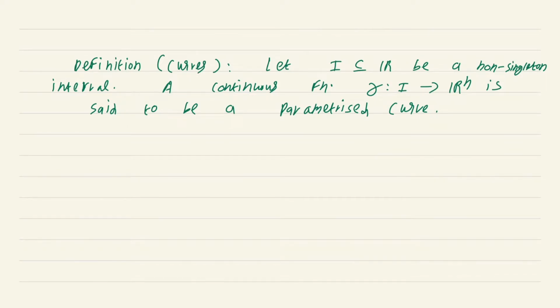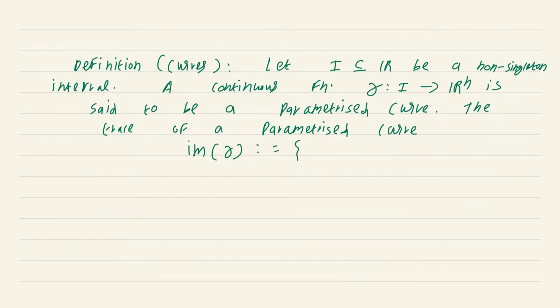You will understand in a moment why we are distinguishing curves with this special word parametrized. The trace of a parametrized curve, this is usually denoted image of gamma. This is nothing but by definition the set of points gamma of t as t runs through I.